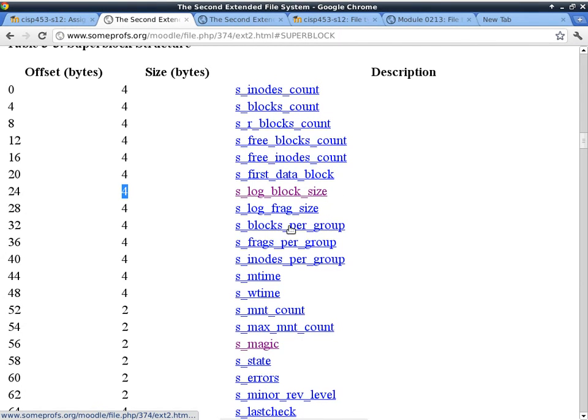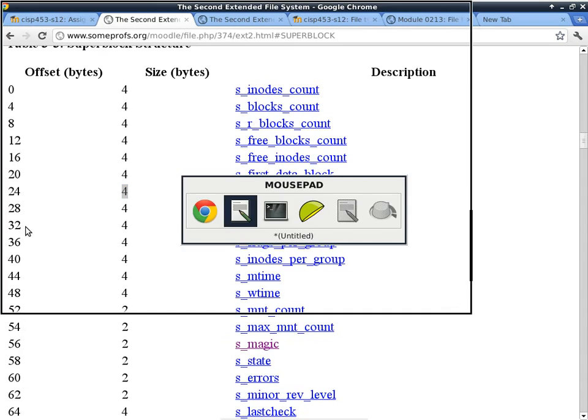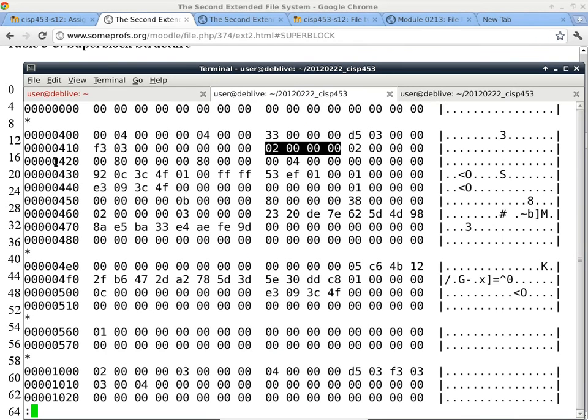The number of blocks per group is here at offset 32, which is 20 in hexadecimal. So we go back into the dump, go to location 420, and this is the number that we are looking at. So how many blocks do we have per group here? This number is basically 8000 as a hexadecimal number. So that's about 32,000.